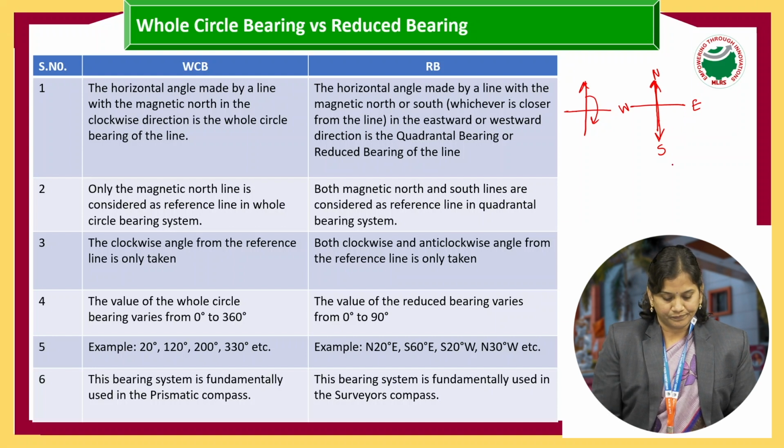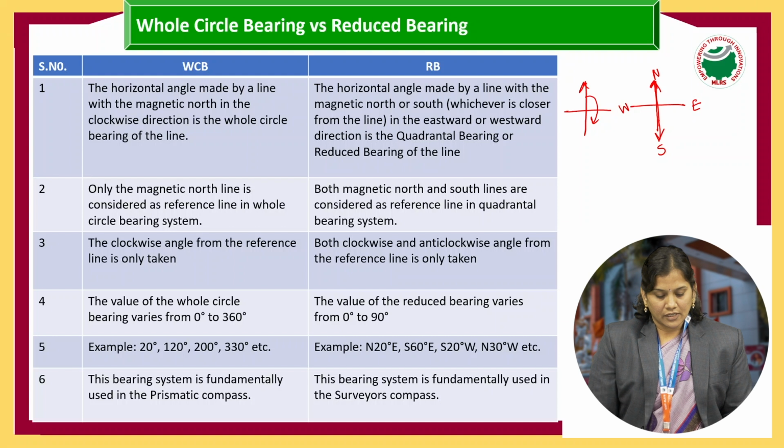The second difference is that the magnetic north line is considered as the reference line in the whole circle bearing system, and in the reduced bearing system both north and south lines are considered as reference lines.